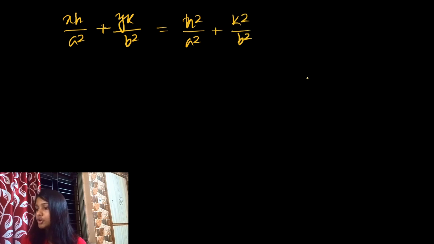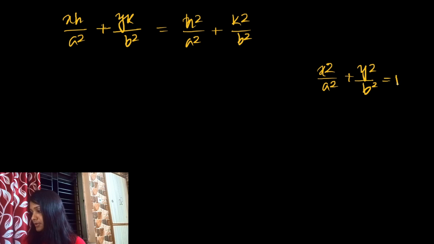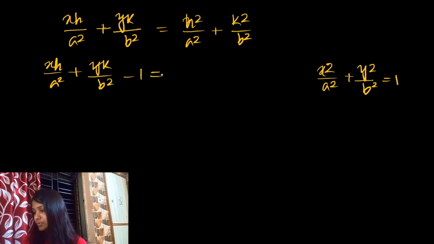So the equation of the ellipse was this. So if we write it in this form, x square by a square plus y square by b square minus 1, and h square by a square plus k square by b square minus 1.